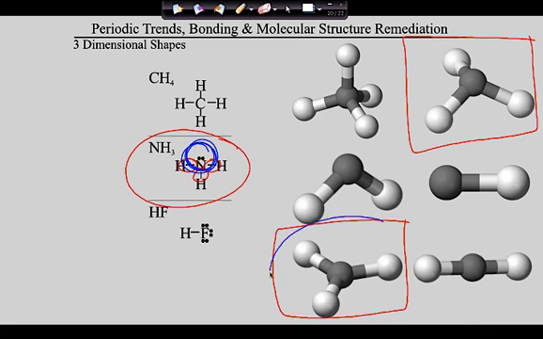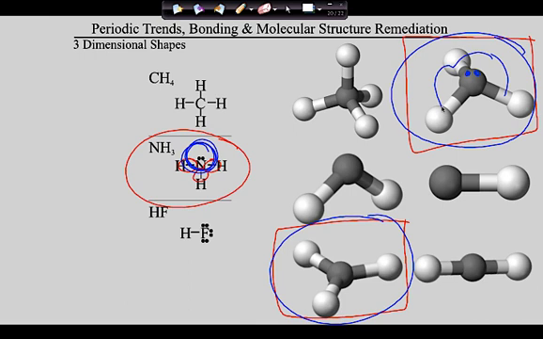So this structure down in the lower left has 3 bonds, but it's very flat. It's not bent out of shape. You'll notice that this structure in the upper right also has 3 bonds, but it's bent out of shape. The reason is because there's an unbonded electron pair here that bends these guys down.